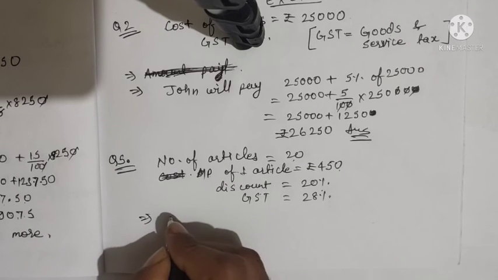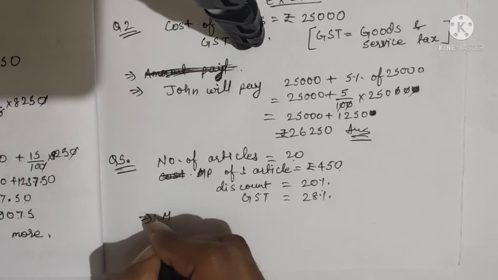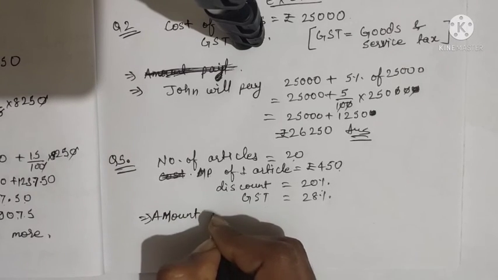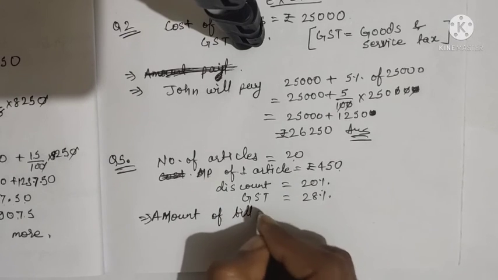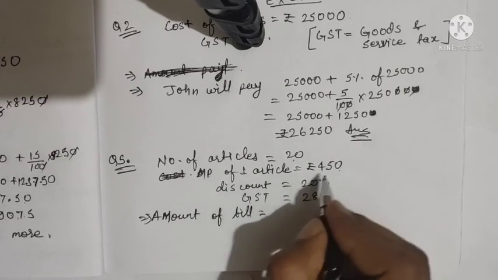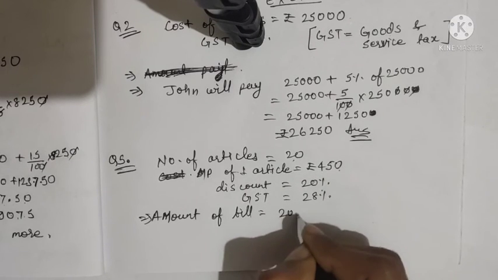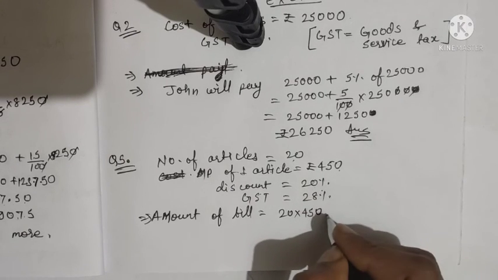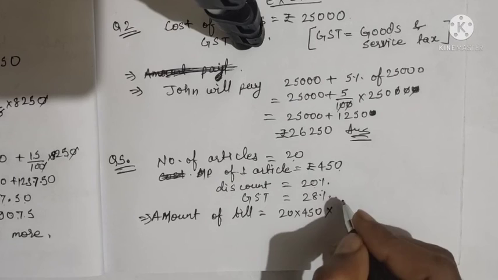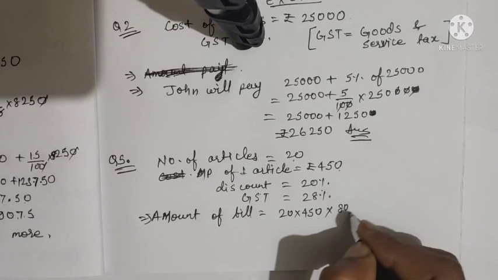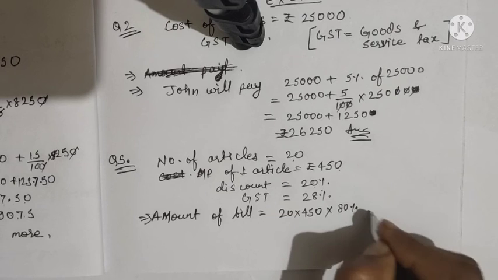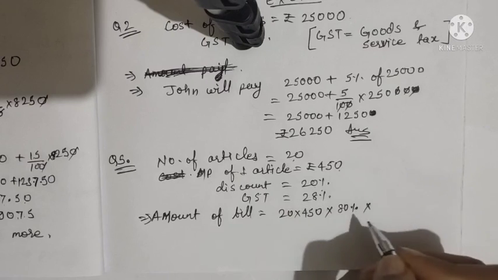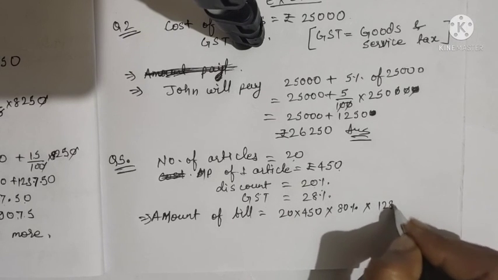That implies the billing amount will be equal to, first, the market price of 20 articles, which is 20 into 450, and then since a 20% discount is given, it will be 100 minus 20, that is 80%, into, now 28% GST is added to it, so it will be 100 plus 28, that is 128%.